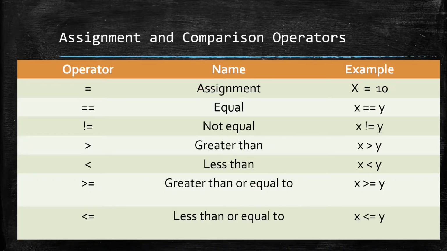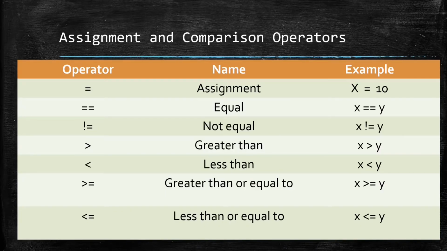Let us see assignment and comparison operators. The assignment operator is nothing but equal. It is used to assign a value to a variable. For the equal operator we usually use double equal to check whether two variables, two numbers, or two strings are equal or not.